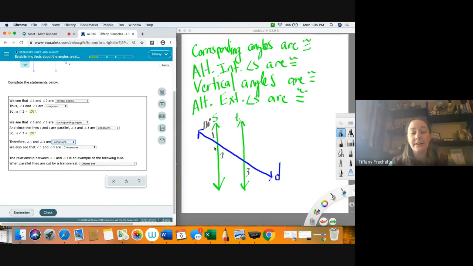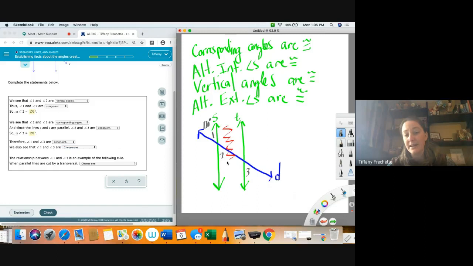If I look at them for the relationship, because this one wants a relationship: angle 1 is on the outside of the parallel lines, because remember, this is the inside here. It's on the outside. It's exterior, and it's on top of the blue line. If I drop to the bottom and go all the way to the outside, there's angle 3.